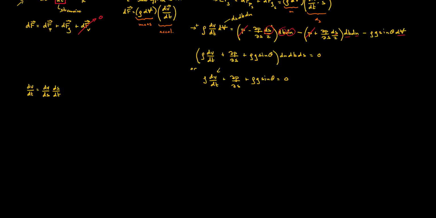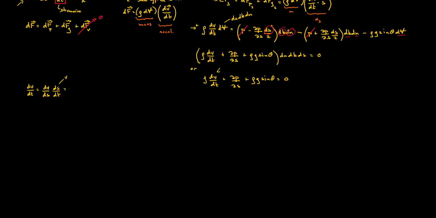This is the change of the velocity along the streamline multiplied by the change in the streamwise displacement with respect to time, which is just v.